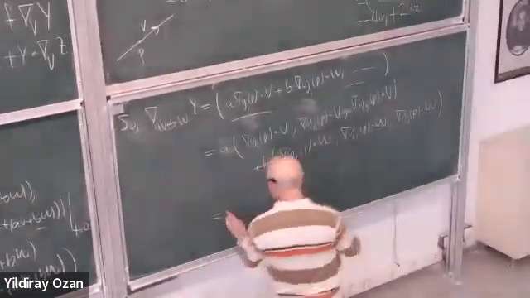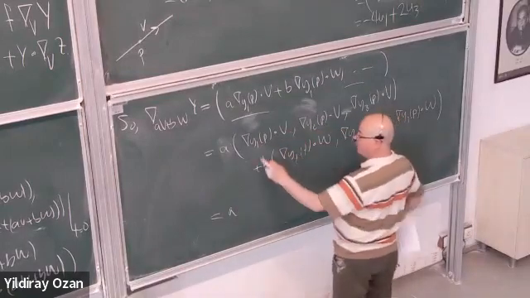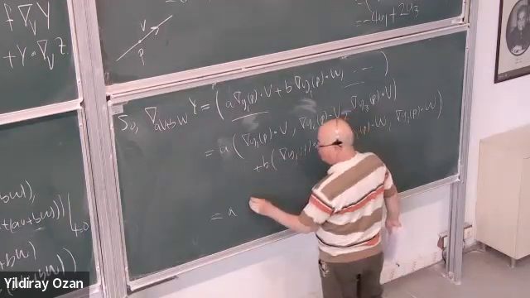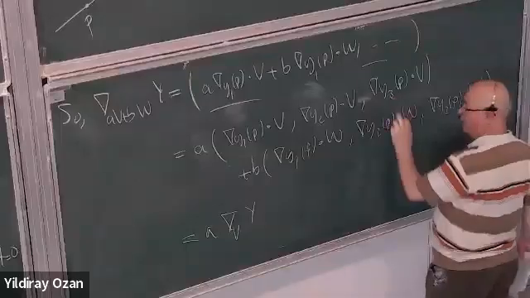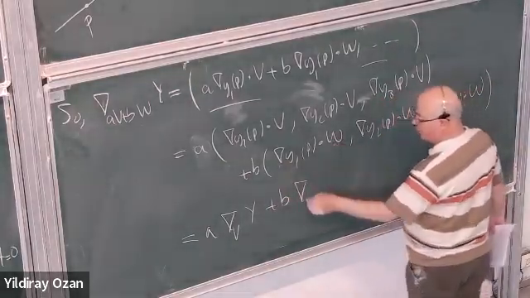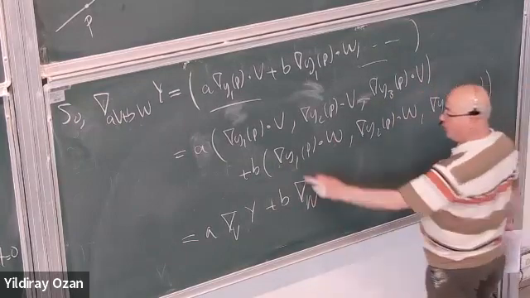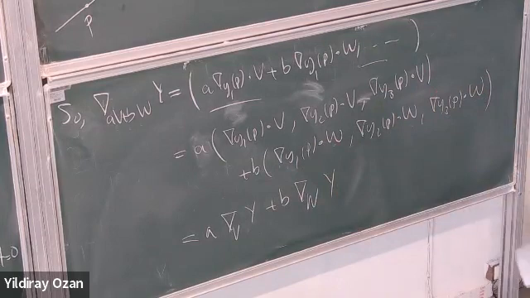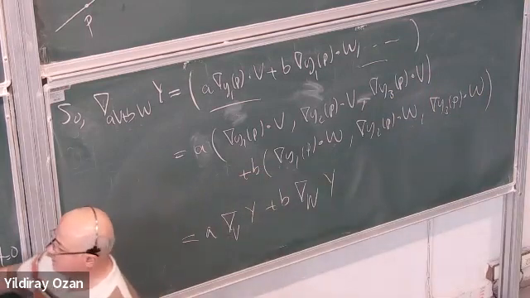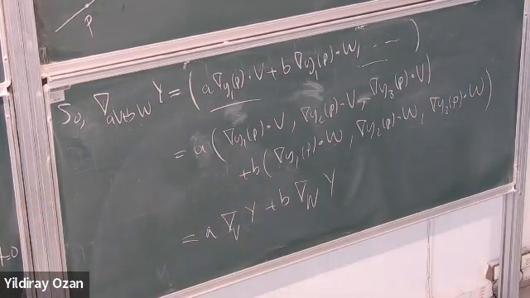If I just go backward, this is just A times the covariant derivative along V of the vector field y, whose components are y1, y2, and y3, plus B times the directional derivative along the vector W of, again, y. So I'm just going these steps backwards, okay, and obtain this gadget.